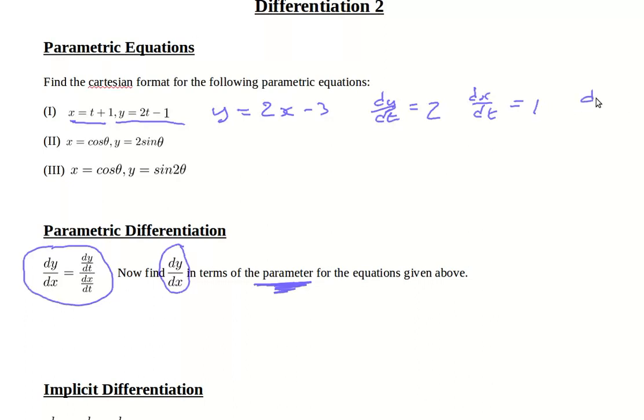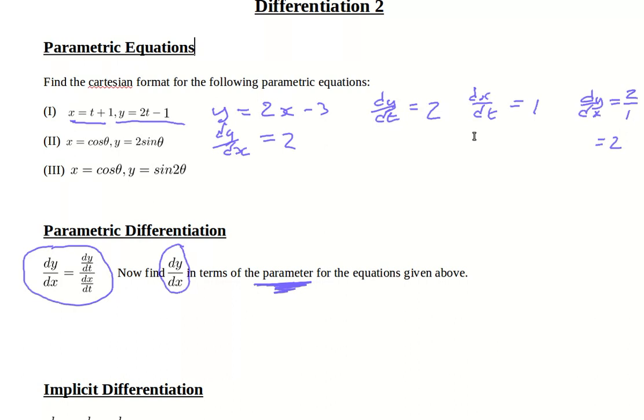And so dy by dx is dy by dt divided by dx by dt, which equals 2. That is particularly obvious because if I was to differentiate the Cartesian version, I would also get 2. Now that one hasn't got the parameter left in it for dy by dx, just because it's constant. The gradient is constant, it's always 2.